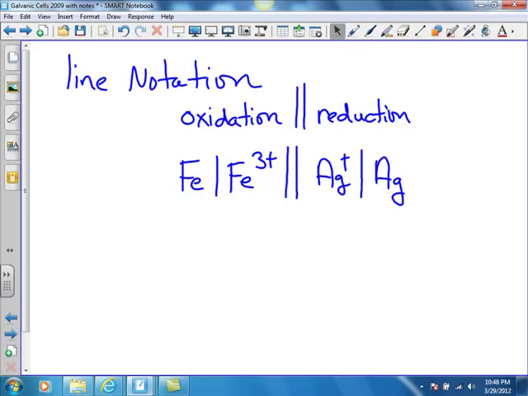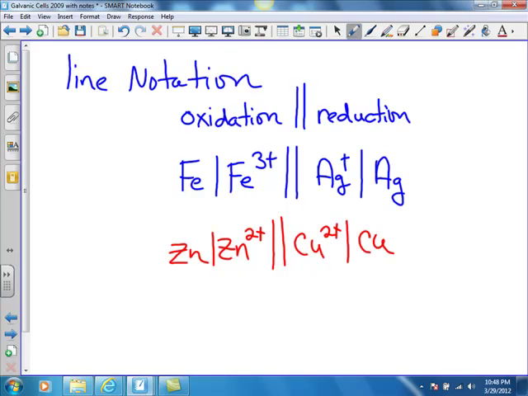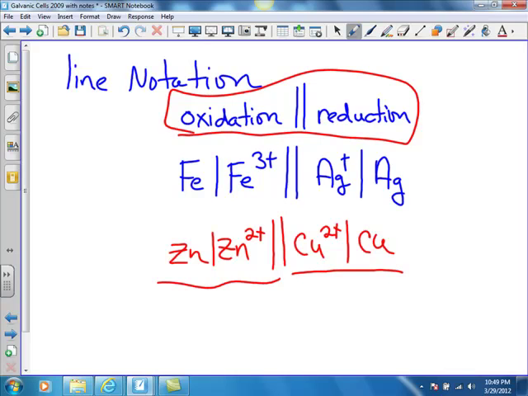If I write the line notation for our zinc and copper reaction, remember that the zinc lost the electrons, so that was the oxidation part, and then the copper 2+ ions gained the electrons, so that was the copper half. So this side is the oxidation, that side is the reduction, and it's written as oxidation, reduction. That's just called line notation.